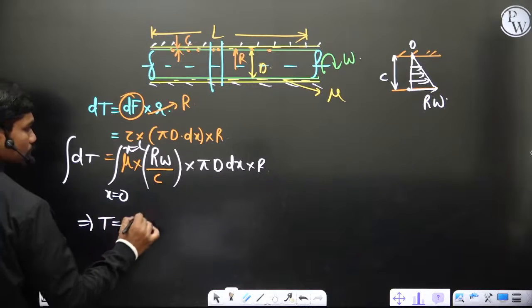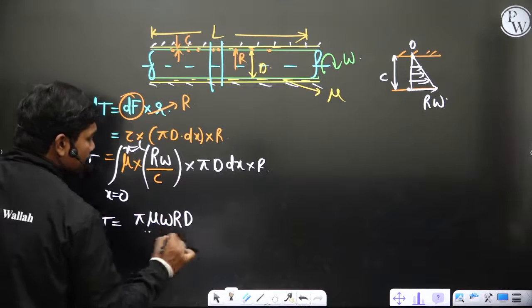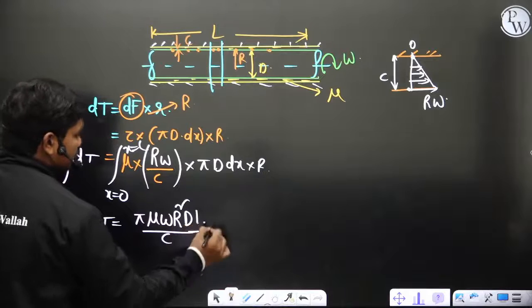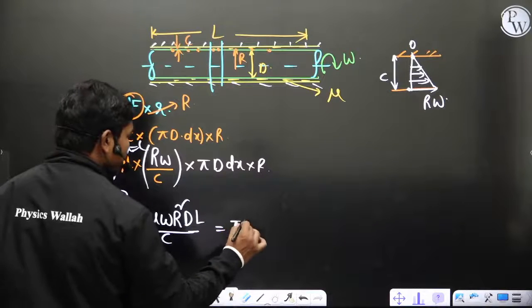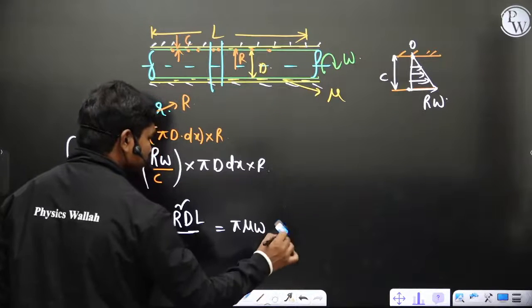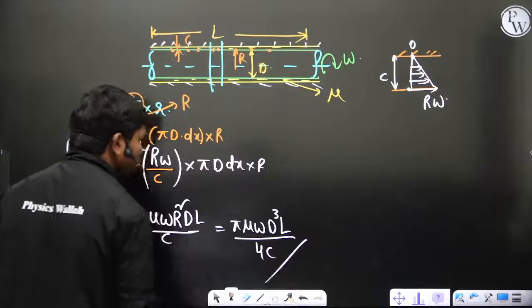Velocity gradient is actually R omega by c multiplied with pi d dx into R. So if you integrate, this is dT. So if you integrate this from x equal to 0 to x equal to L, for length of shaft, T is equal to pi mu omega R square d by c into L, obviously. Correct? So if you simplify this, we have pi mu omega d cube L by 4c. Correct?